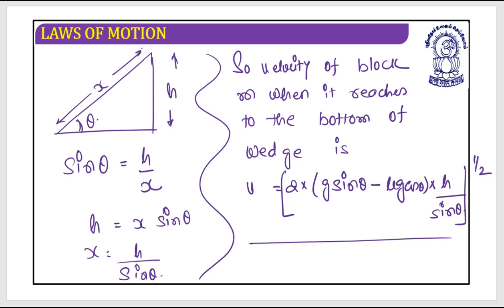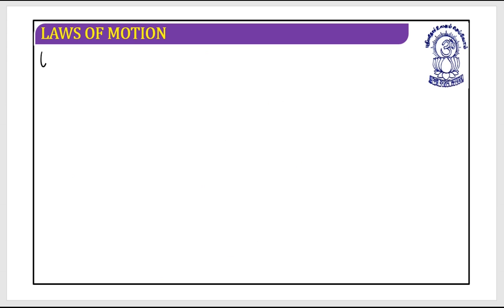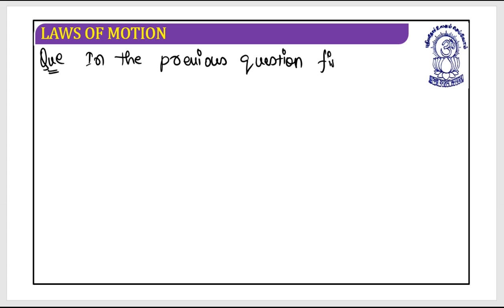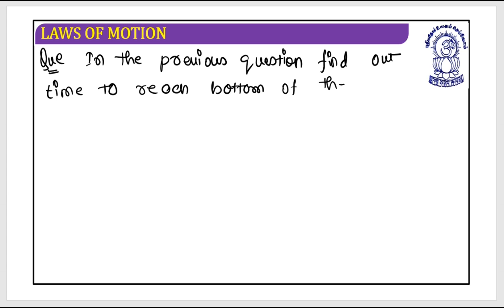In the same way, moving further in the same example from the previous question, find out the time to reach the bottom of the wedge.